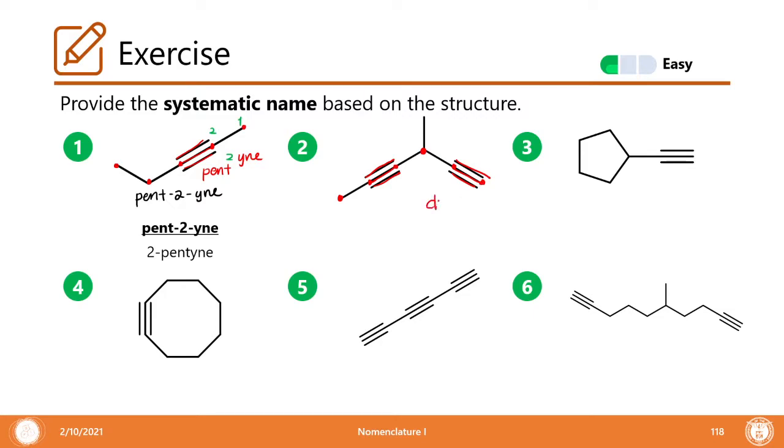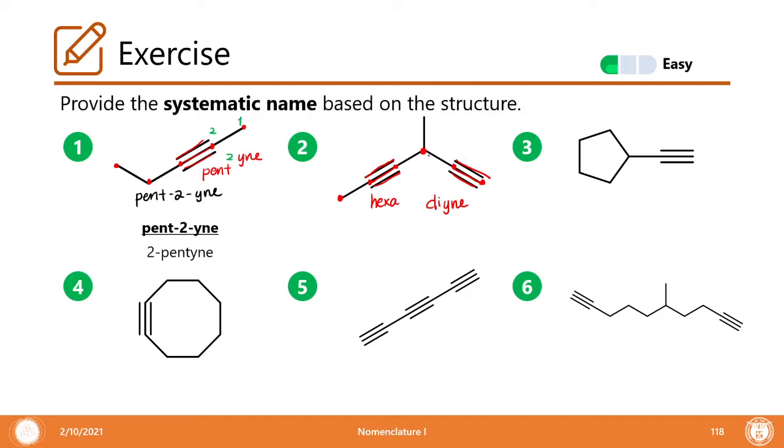So we have a diyne, meaning we have 2 ynes, and then we have a hex. We have 6 carbons. Since the next letter is a consonant, we have to end the hex with hexa.